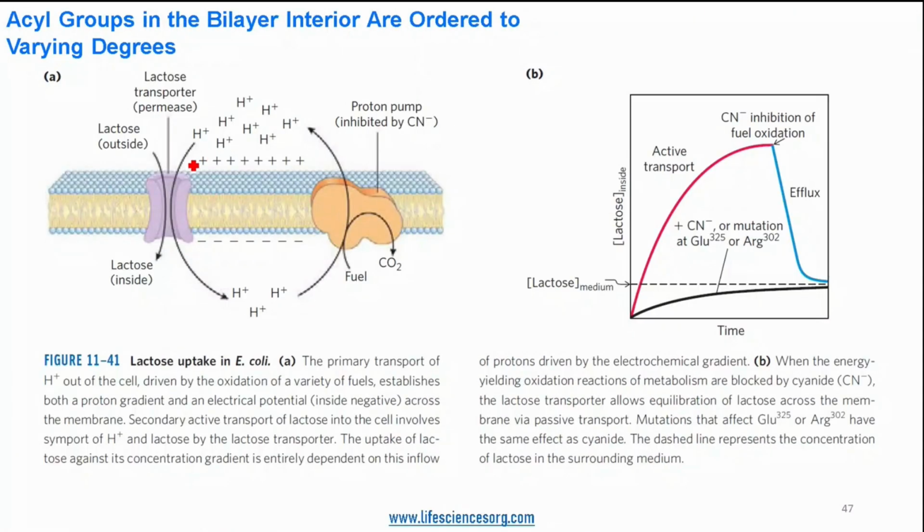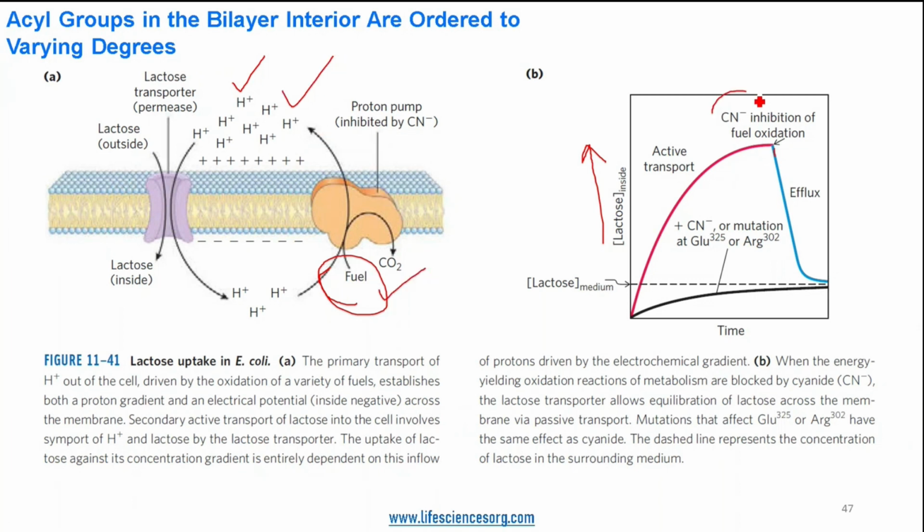So what is happening in E. coli? The lactose is going inside by the potential gradient of the hydrogen that is pushed outside when the fuel is combusted, when the fuel is producing energy. If cyanide is provided in that environment, the lactose concentration inside the cell will keep on falling because the hydrogen ion will not be pumped and no fuel will be combusted.